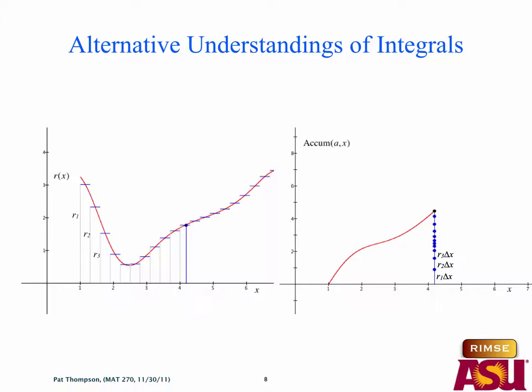Now, some people have taken this idea and said, well, if I look over here on the left, the rate in the first chunk times a delta x gives me the area of that chunk. And again, and again.